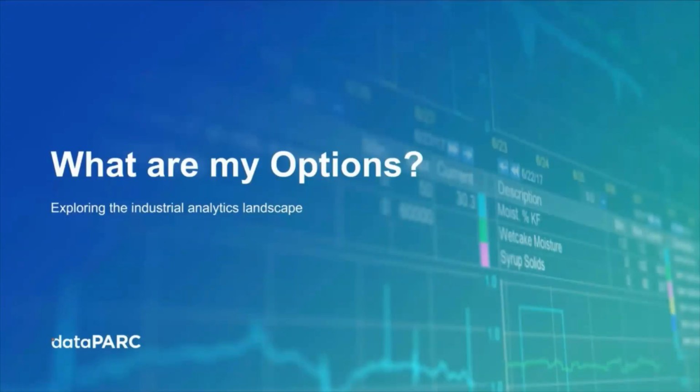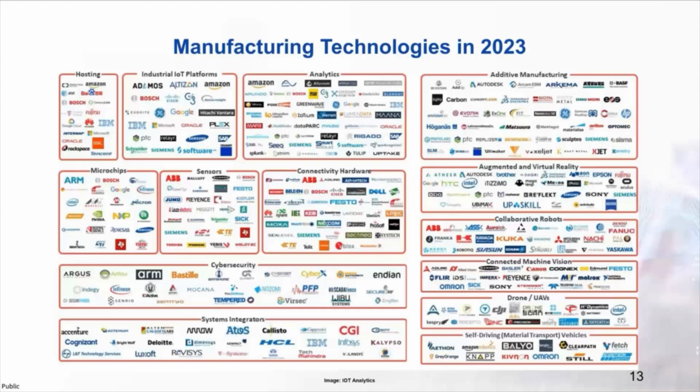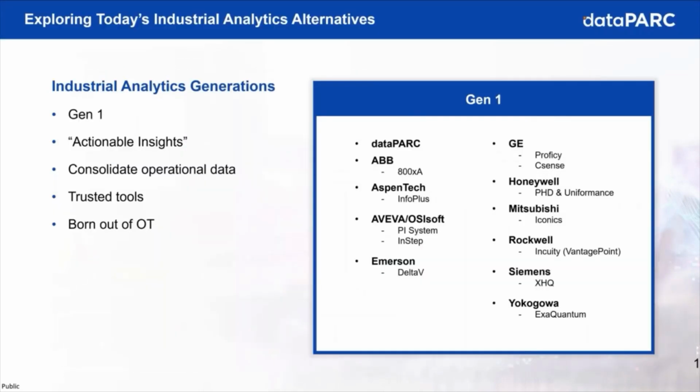So understanding that, the question is, what are your options? If we look at this next slide that shows hundreds of different logos that claim to be in the analytics space, whether it be Industry 4.0 or IoT or smart manufacturing, it can be very confusing and a very cluttered landscape. So one way that I like to look at industrial analytics is in this generational view.